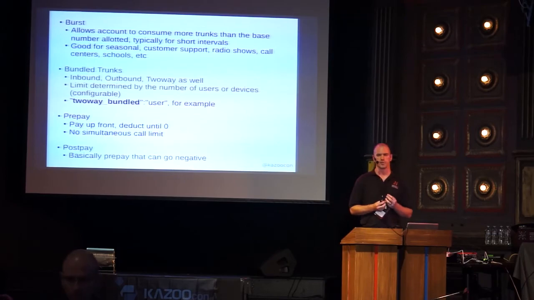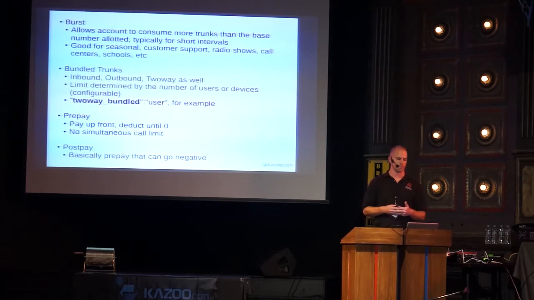We also support the idea of burst. So this is, I would sell you 5 flat rate chunks for your customer service, and it turns out your company's doing a big recall. Perhaps you were cheating your emissions tests. You're probably going to need a few more chunks to handle the outrage, right? So you can assign this account burst chunks, and then it's on you to figure out how you want to bill those.